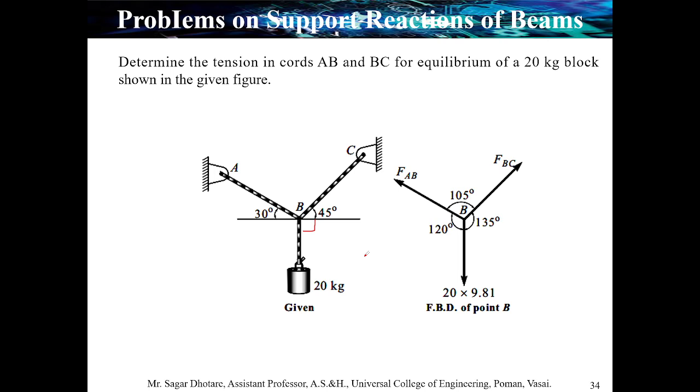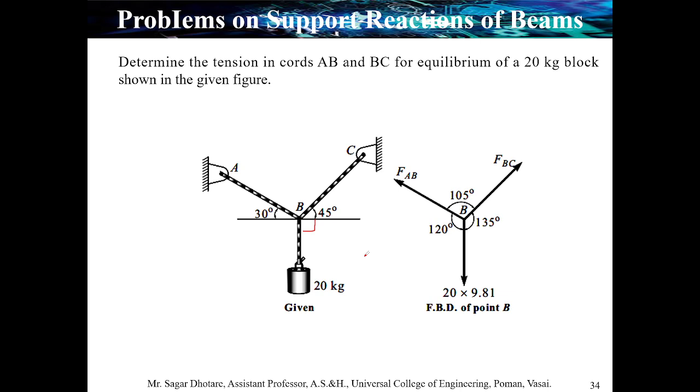In between the other forces, force AB and the mass, 30 plus 90 gives you 120 degrees, and the remaining angle between the two tensions, chord AB and chord BC, gives 105 degrees.